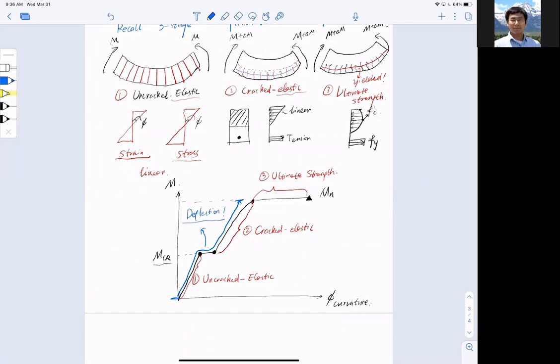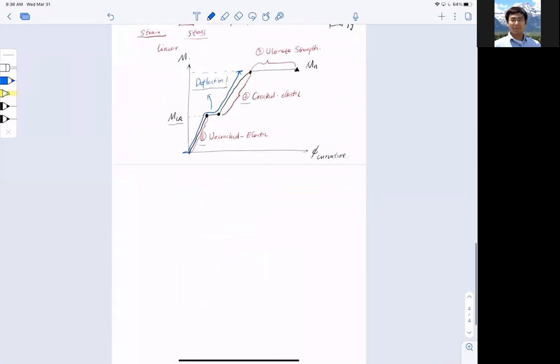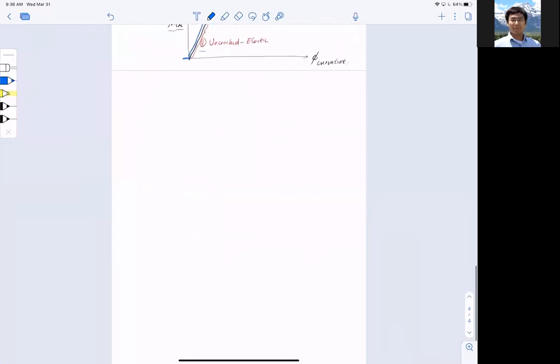Beyond this, in stage 3, the beam has fractured and cracked already and enters the final stage, so we don't really have to worry about it. So deflection, meaning serviceability, is just concerning stage number 2 and stage number 1.